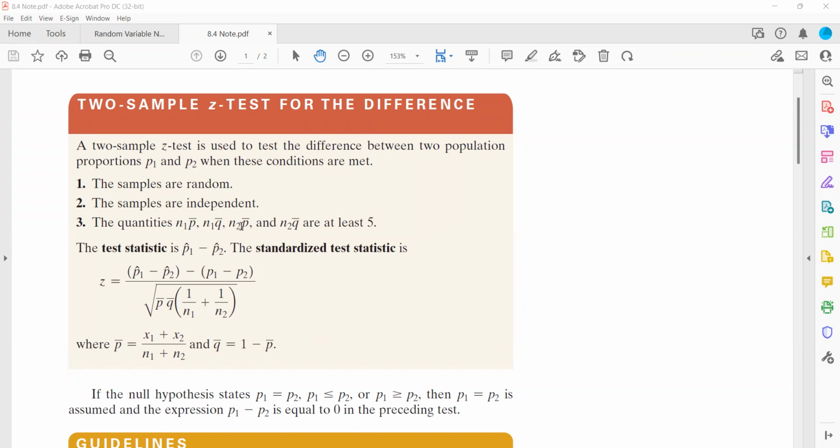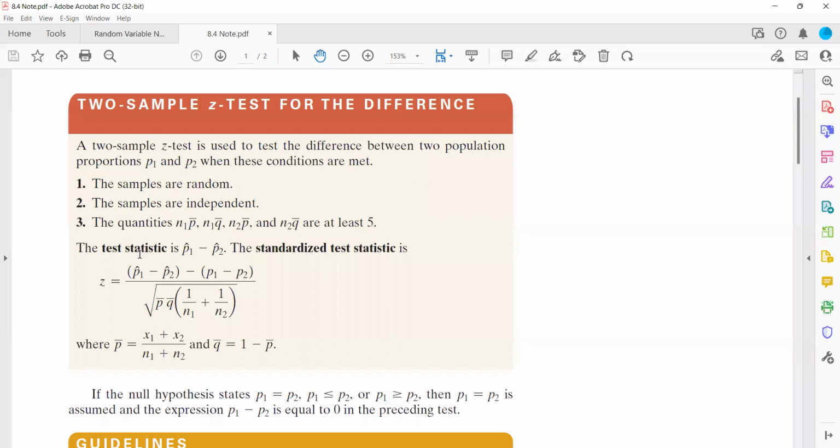N2 times P bar, N2 is the second sample size, times P bar, and N2 times Q bar are at least 5. Guys, if you open different statistics books, other than 5, you might see 10. Some statistics books use 10 as the minimum value. But using our book, we're going to stick to 5.